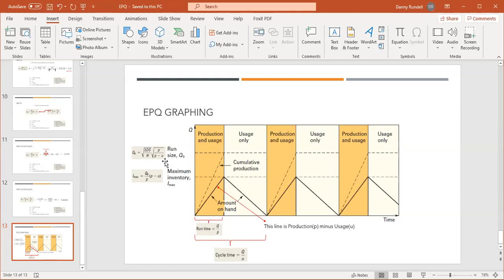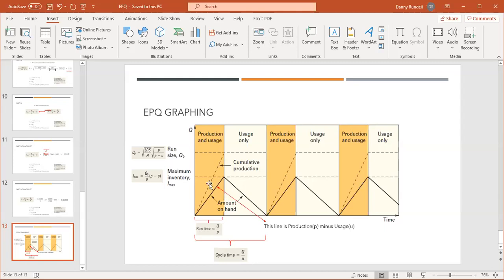The run size, so the quantity that you're making, that is derived from this formula. The maximum inventory, so this is the highest number that your inventory will be. And there's a difference between these two lines here, okay?